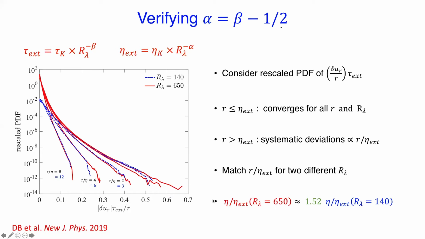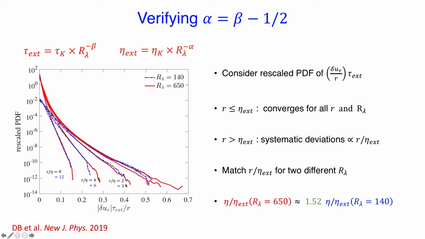So what this says is that if I take an r over eta, not eta x anymore, of 2 for 650, then that behavior should match the r over eta of 1.5 times 2, which is 3, at 140. And that is what is shown here in this plot.